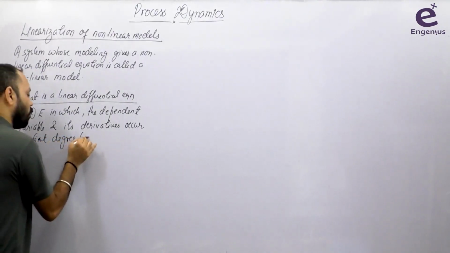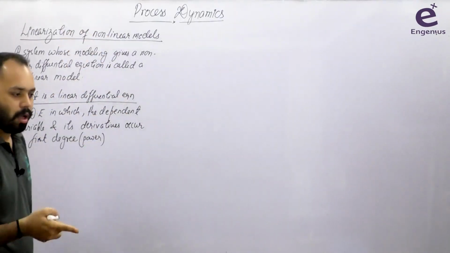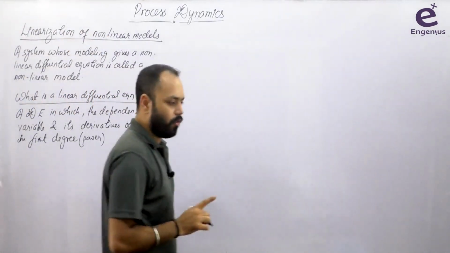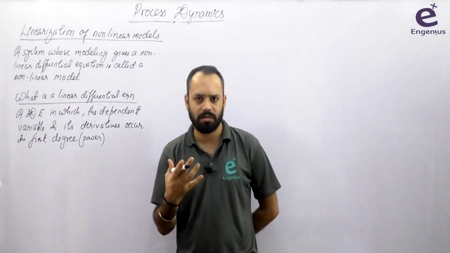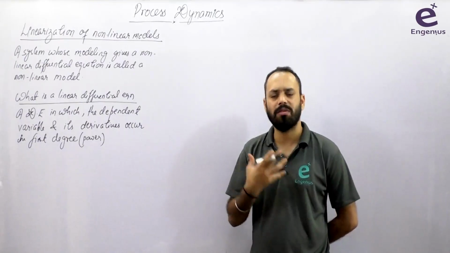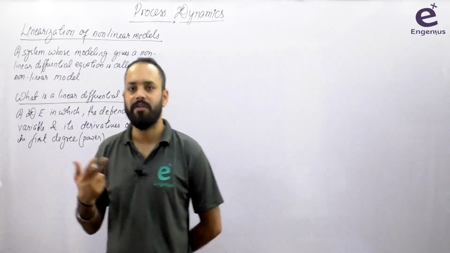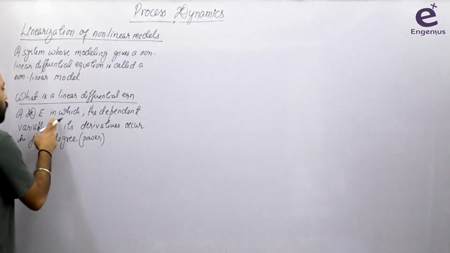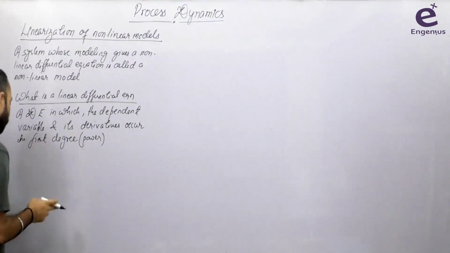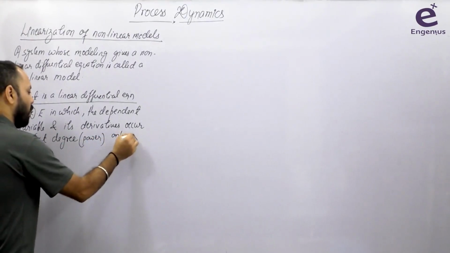I'm not talking about order of derivative. Order की बात कर लोगे तो वो तो order की definition हो जाएगी. Order of a differential equation is defined according to what is the order of derivative, the maximum order of the derivative. I mean it is second derivative, third derivative, like that. But linearity, non-linearity is defined that in which the dependent variable and its derivative occur in first degree only.